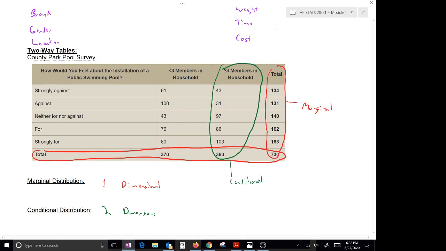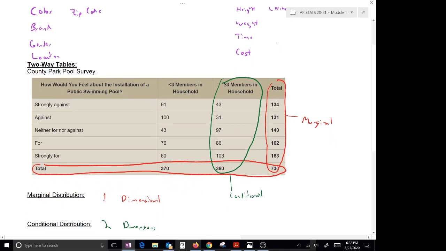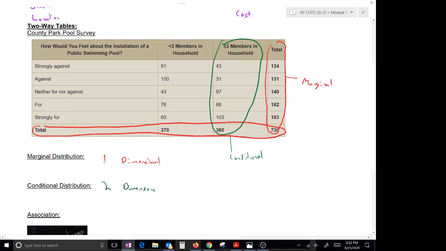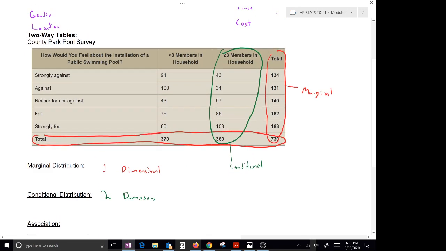That only happens when we are talking about 2 quantitative data. So association is just looking at, for example, is there a relationship between the number of members in our household versus how we're going to feel about paying for a new public swimming pool.